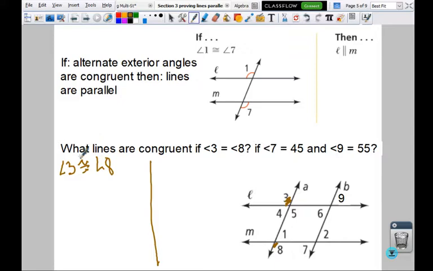So I've got parallel lines somewhere. What does angle 3 touch? A and L. What does angle 8 touch? A and M. What parallel lines show up? L and M. L is parallel to M.